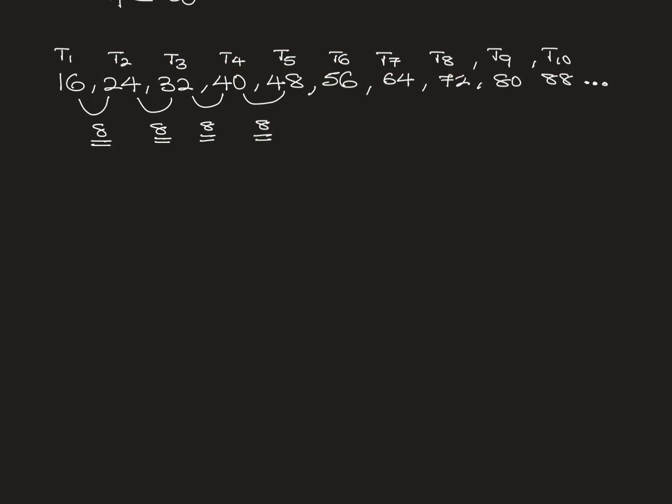So there is always a difference of 8 between two successive numbers. That difference is denoted by the letter D, and we call it the common difference. The first term is also given by the letter A.